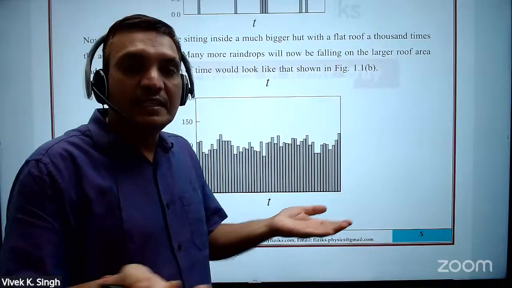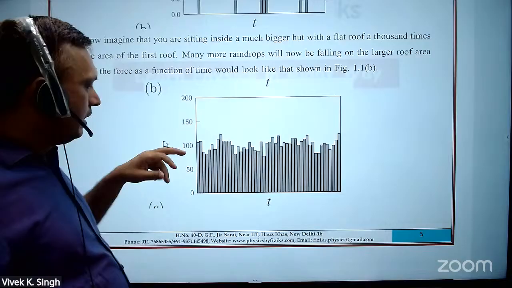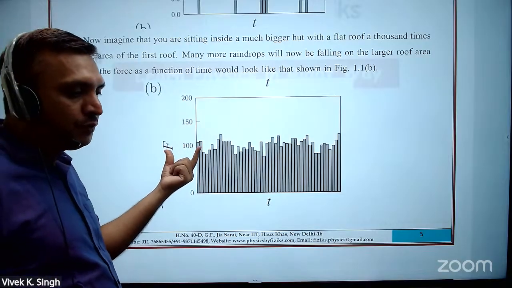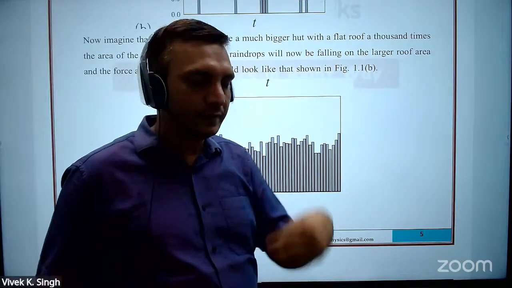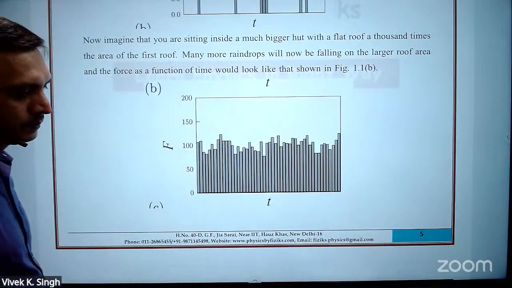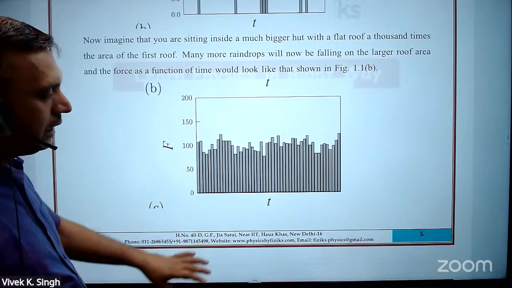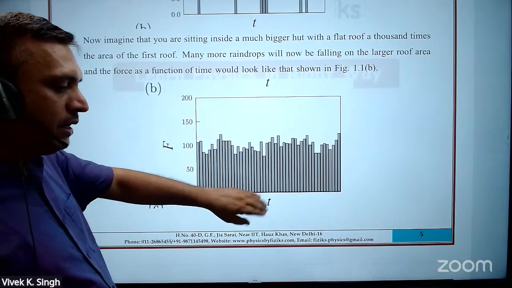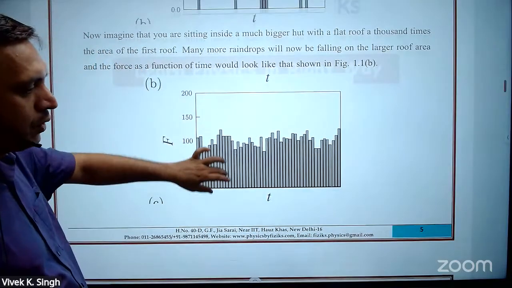If you are increasing the area, the average value is increasing. And the magnitude of force is also increasing because more raindrops are colliding. Yes or no? Now look, if we increase it 100 times or 1000 times further, what will happen?